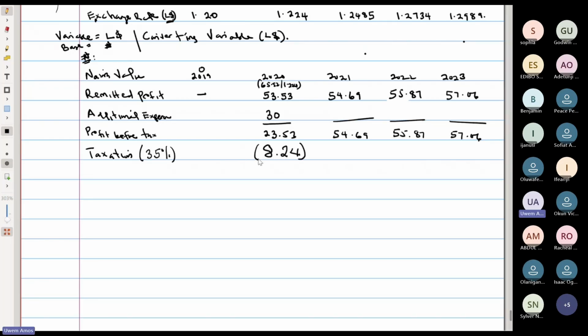The following year, 54.69 multiplied by our tax rate of 0.35 gives us 19.14. Following year, 55.87 multiplied by 0.35 gives us 19.55.